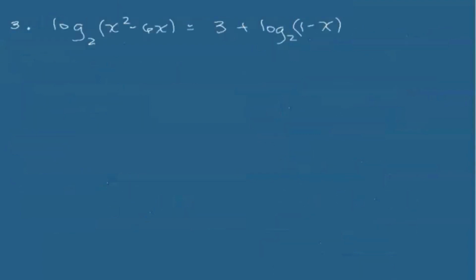Next, we have logarithm of x squared minus 6x to the base 2 is equal to 3 plus logarithm of 1 minus x to the base 2. So again, we have two logarithms on both sides of the equation. So let's put this equation into a single logarithm.